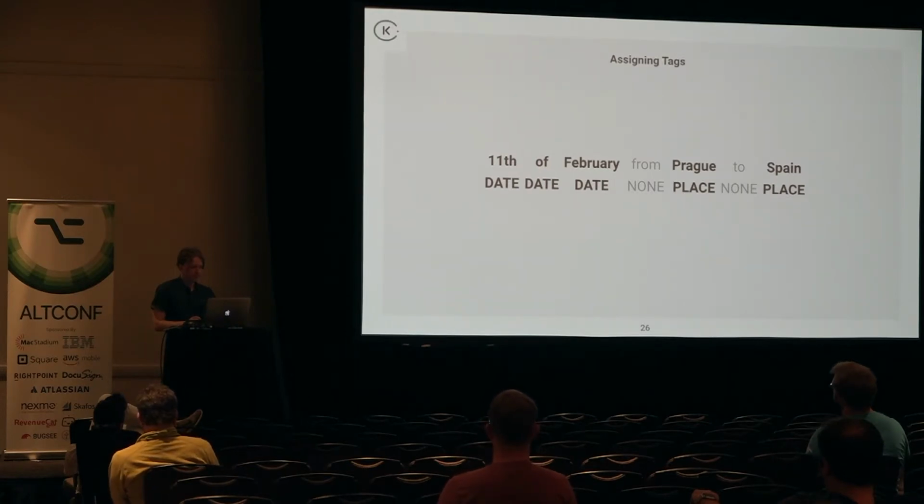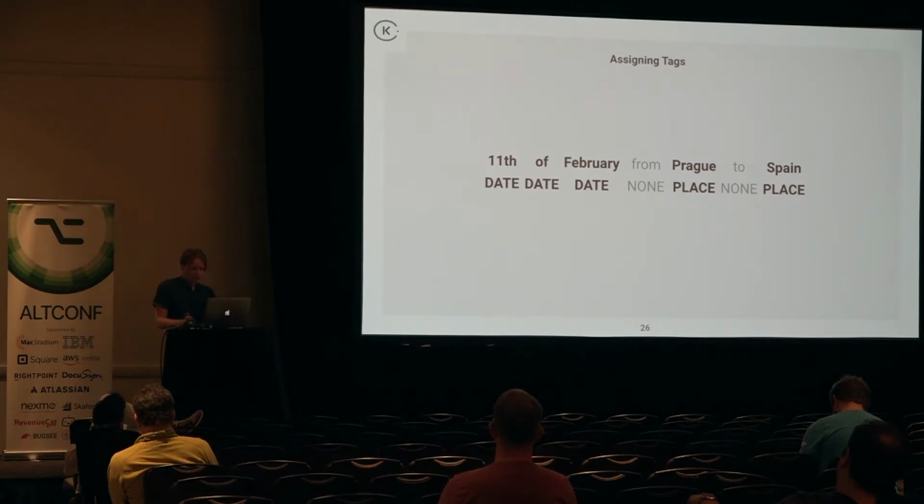So if we have a multi-word declaration of the date here, like the 11th of February, we will simply tag each word with date, which could be any tag. We just need something to say that it's a date, and why not just use the word itself? And we use Prague and Spain as places.